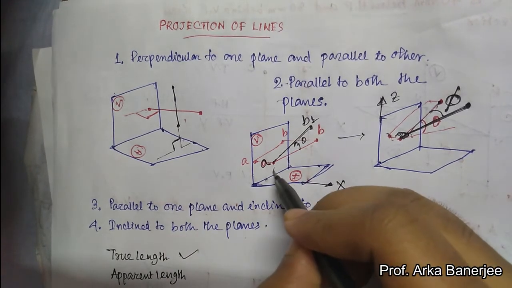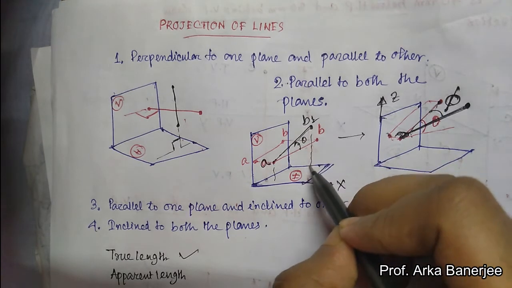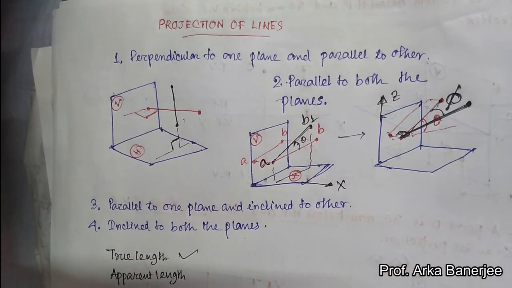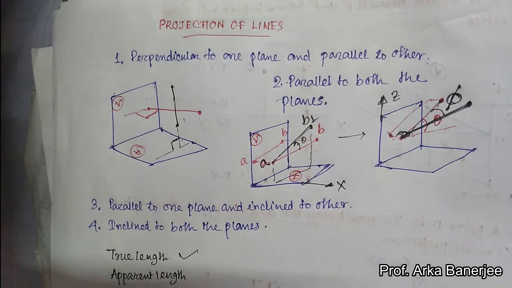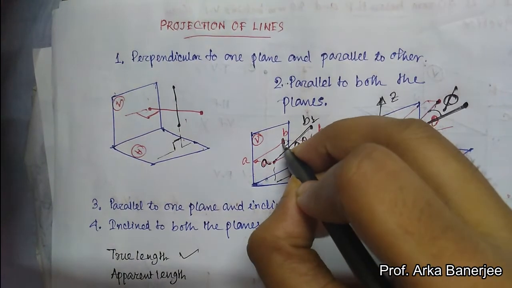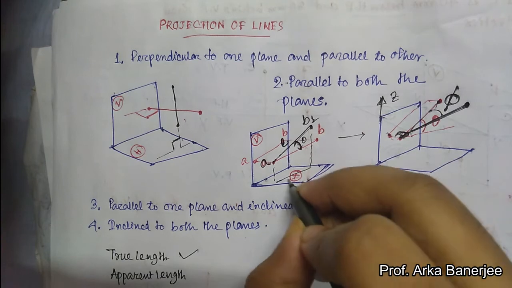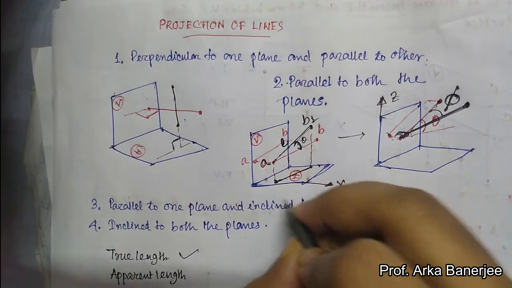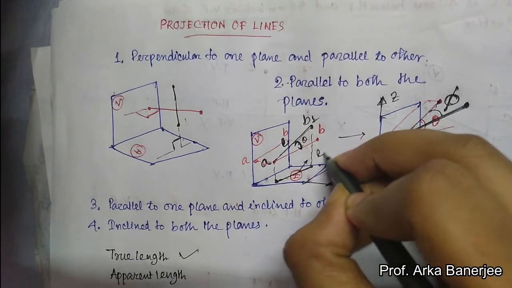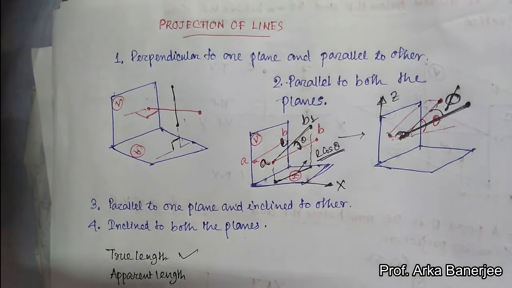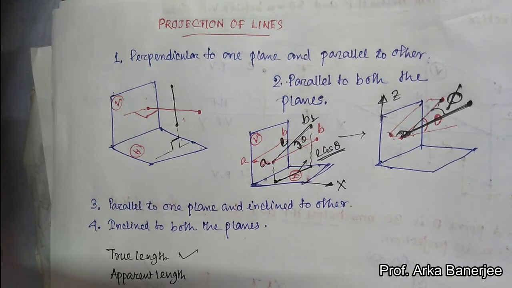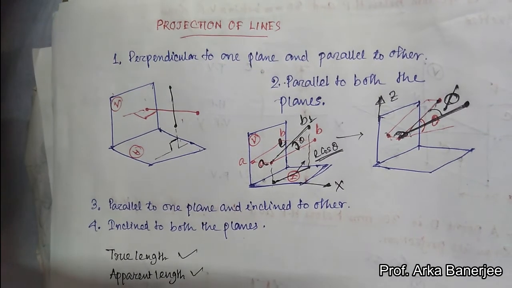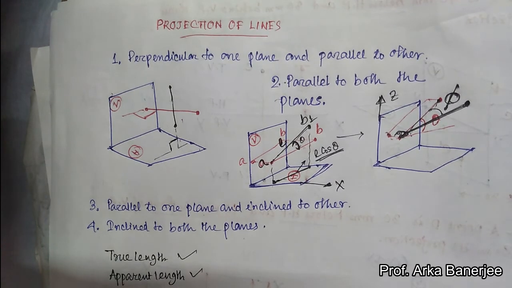Now if you project it on the horizontal plane, obviously we will not get the true length. If this length is L and this angle is theta, then from mathematics this length will be L cos theta. So this L cos theta is the apparent length here. These two things we have to remember: when we will get true length and when we will get apparent length.